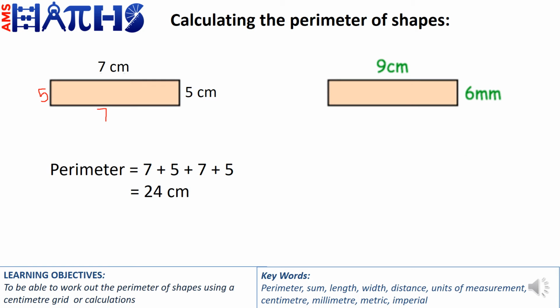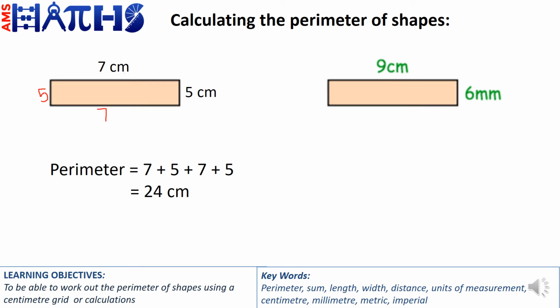Here's another example where we are going to calculate the perimeter of the rectangle. If you notice, the units of the rectangle are different. And so our job is to make sure that we convert the units to be the same, then do our calculation.